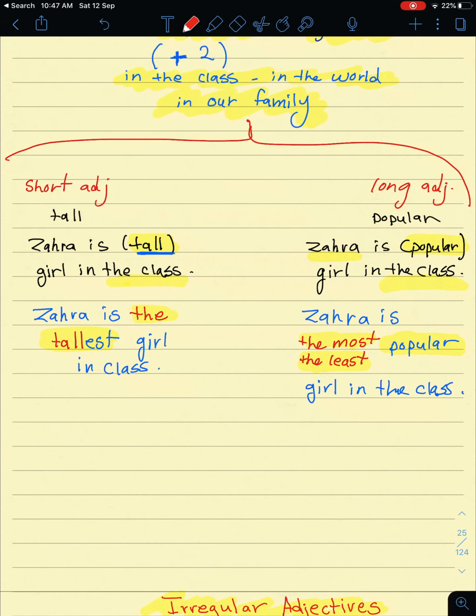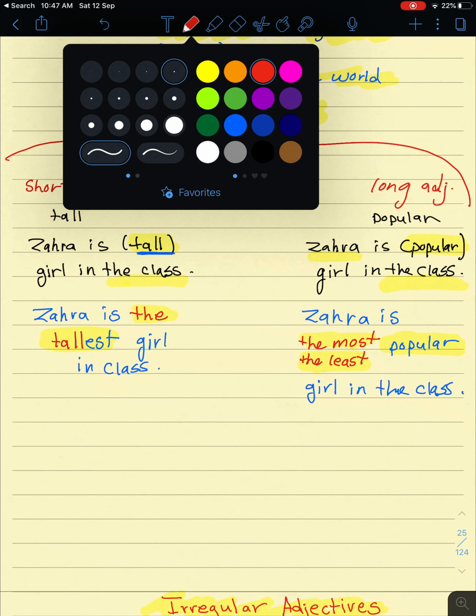يلا باختصار نلخص القاعدة. So it's going to be the adjective اللي هي الصفة. First I'm going to say the, then the adjective, then "est" to the adjective. خلاص؟ خليني أكتبها مرة ثانية عشان أوضح لكم أكثر.